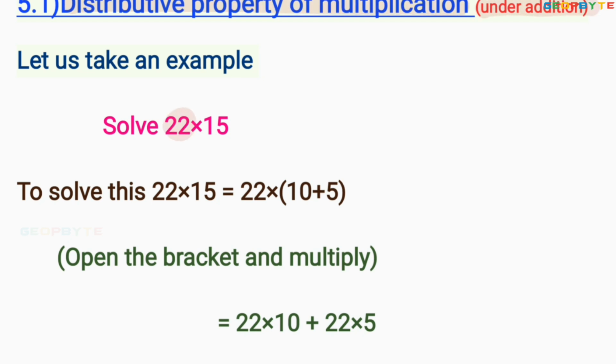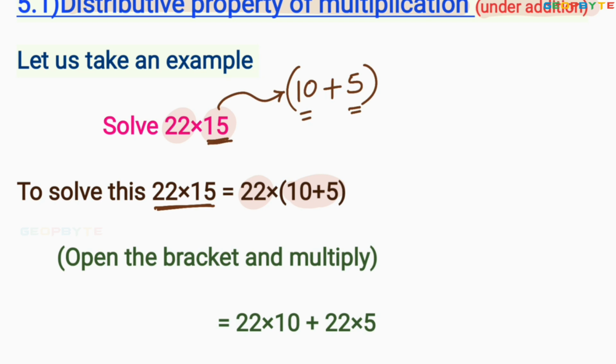I took 22 multiplied by 15. This 15 I am going to distribute as 10 plus 5 for simplifying our difficult calculations. Then 22 into 15 I can write as 22 into (10 plus 5).